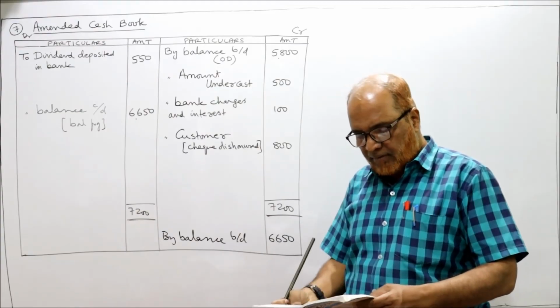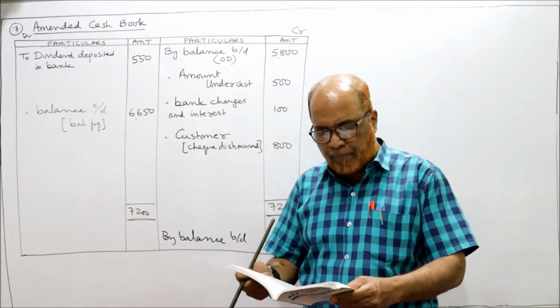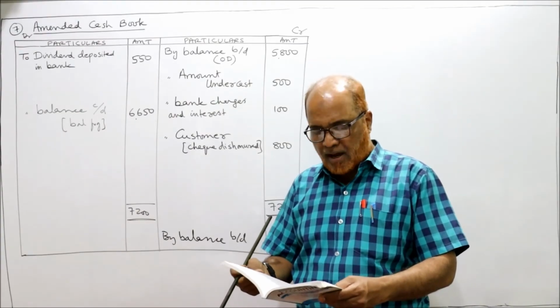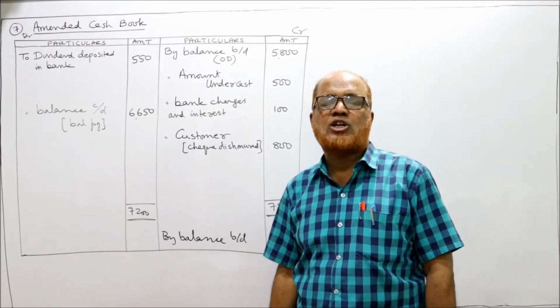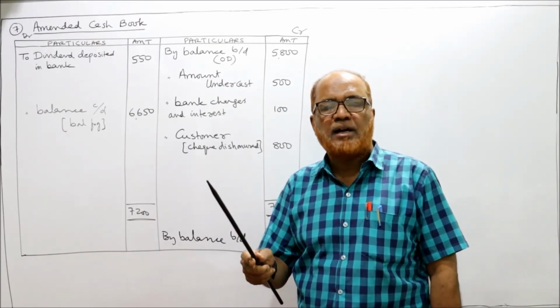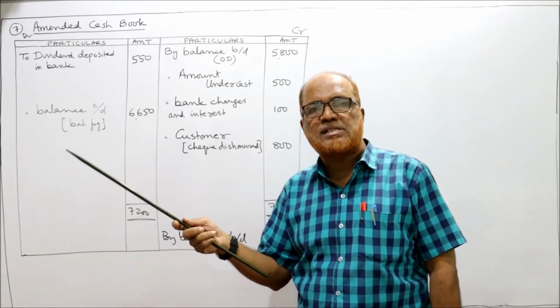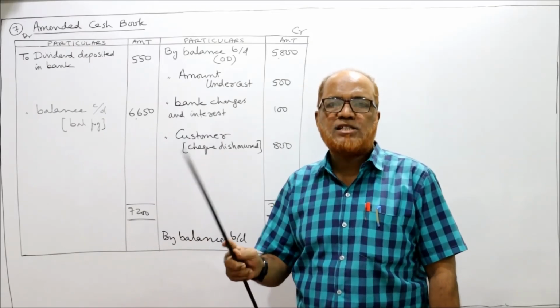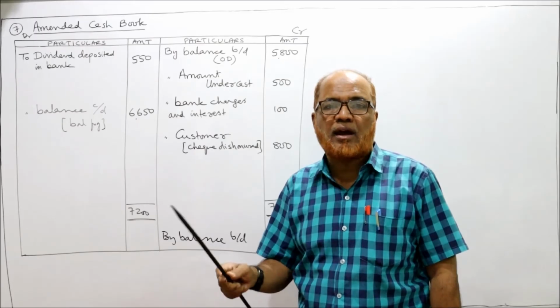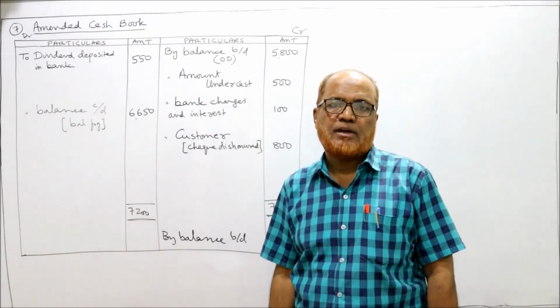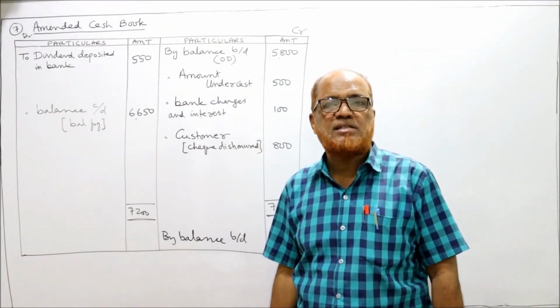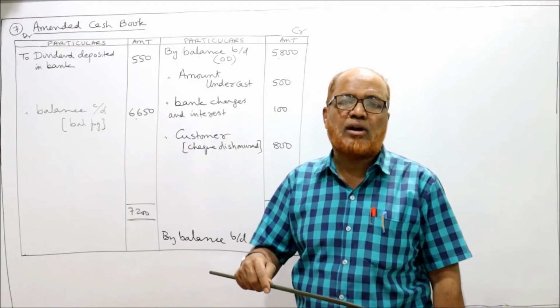Next, a dividend of rupees 550 paid directly to the bank had not been recorded in the cash book. A dividend of 550 rupees had been directly deposited in the bank, and this 550 rupees had not been recorded in the cash book. So it will be taken on the debit side. Receipts will be taken on the debit side.